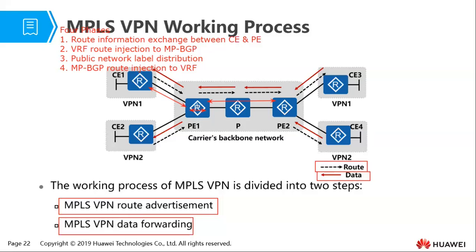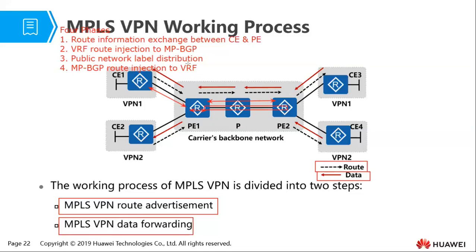Now, after that happens, MP-BGP is going to distribute that route to the entire carrier network. So that is now step number 3, public network label distribution. Public network label distribution is actually creating a tunnel. We are creating an MPLS tunnel to forward this particular data.